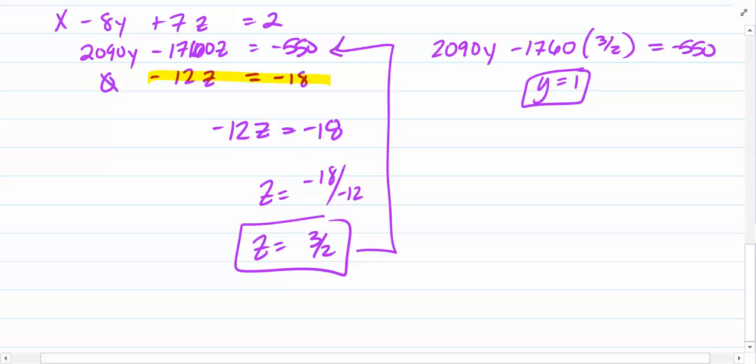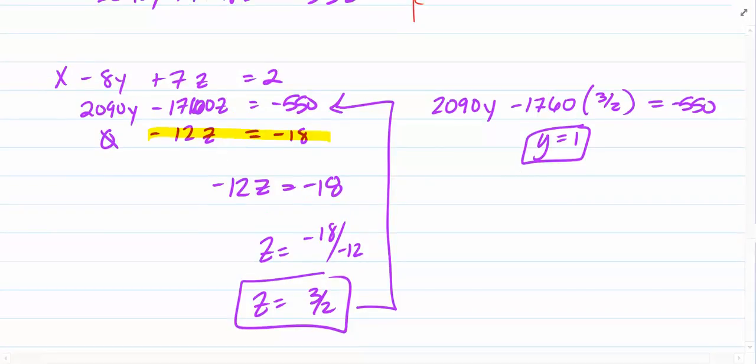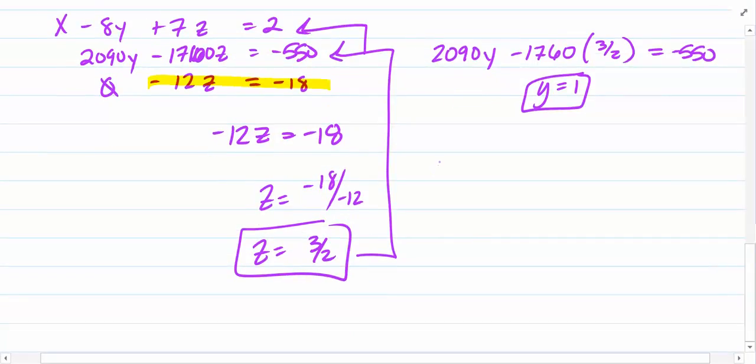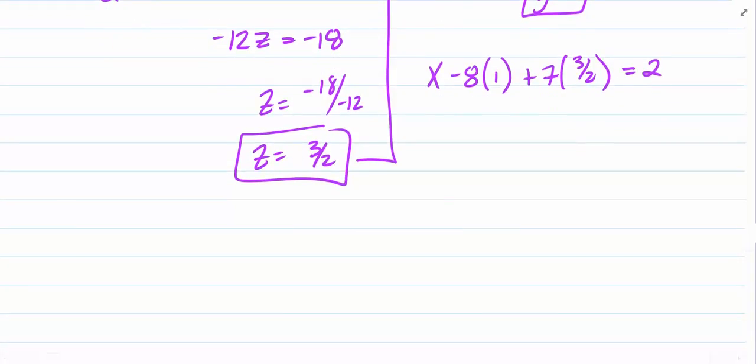So if z is 3/2 and y is 1, then we can go back up to this equation, row number 1, and solve for x. So we would have this: x minus 8 times 1 plus 7 times 3/2 has to equal 2. Can you now please tell me, what does x have to be? So I had like 4 people say that x is now negative 1/2.